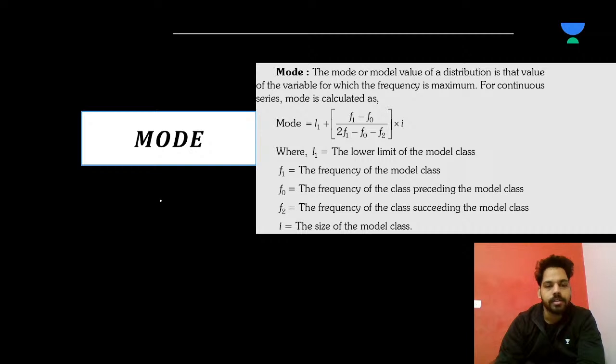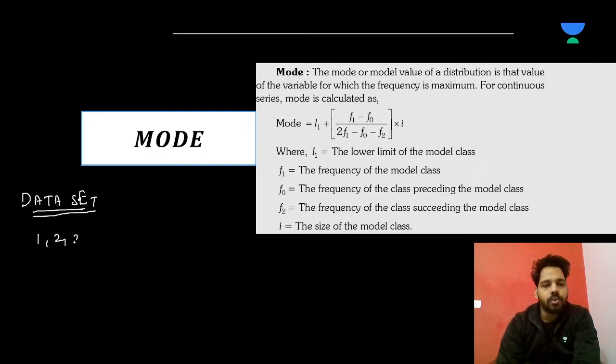Just suppose I'm giving you a data set, not in tabular form but as ungrouped data, like 1, 2, 2, 3, 3, 3, 4, 5, 5, 6, 7.